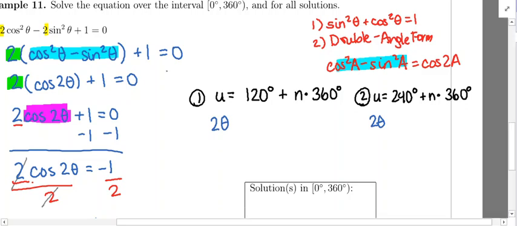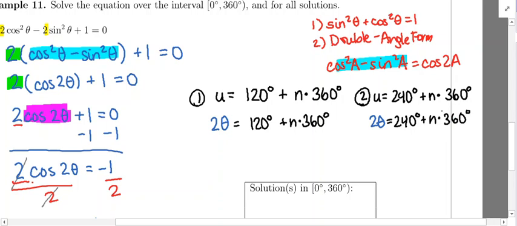So we get 2 times theta is equal to 120 degrees plus n times 360 degrees, and 2 times theta is equal to 240 degrees plus n times 360 degrees. The equation has been turned back into theta.